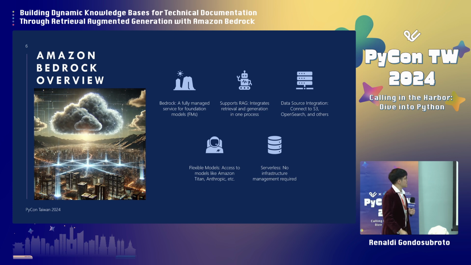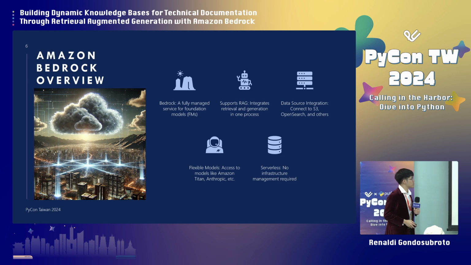So again, as mentioned before, we talked a bit about Bedrock just now, but essentially where Bedrock really comes into play here is that you can integrate retrieval and generation in one process. You can create knowledge bases and you can create the embeddings, which we'll talk about more later, so that you're able to store the data and appropriately have the data trained on.